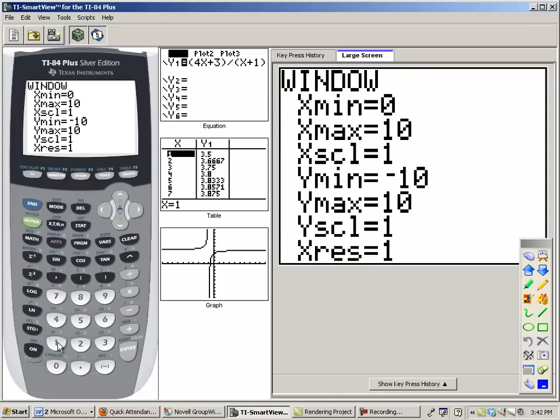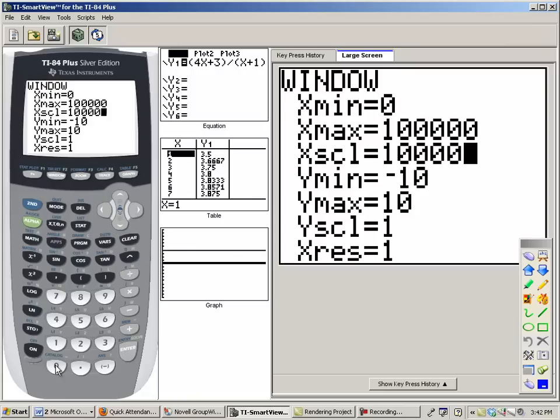I'm going to go all the way up to 100,000, and then go up by something huge like 10,000s, and all I want to change is my x's because that's what I'm looking to plug in my graph.